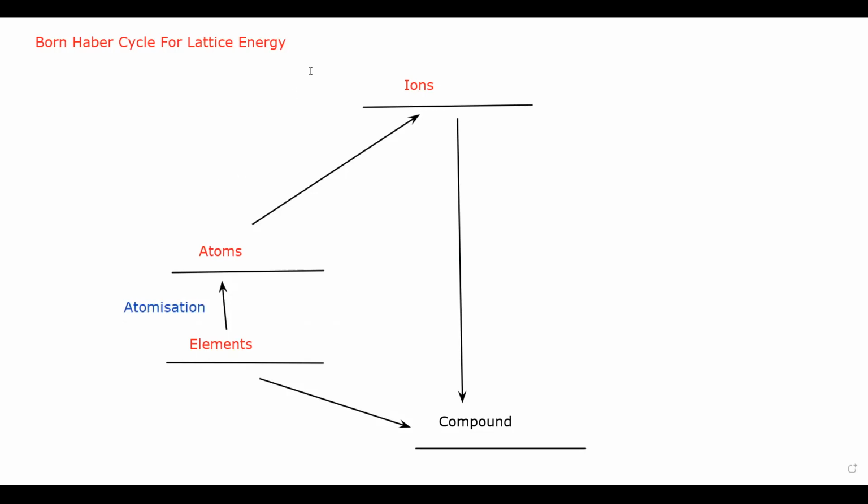When atoms form the ions, they can form two types of ions. They can form a positive ion and a negative ion. The formation of a positive ion means the removal of an electron. So when we remove an electron, we call that ionization energy.